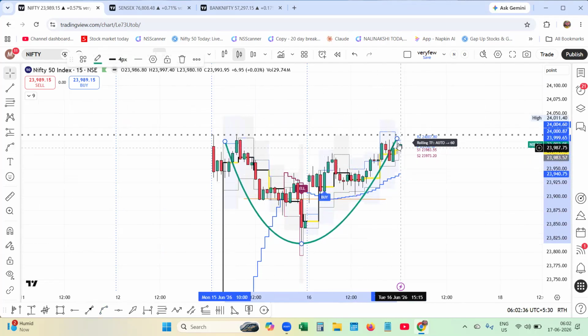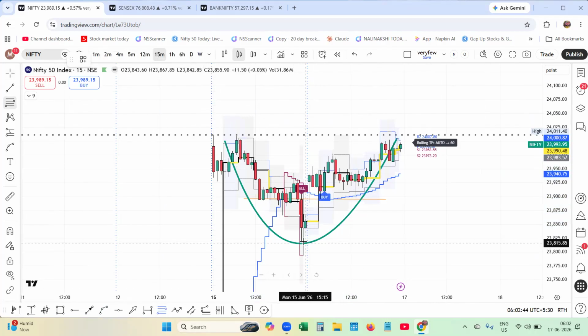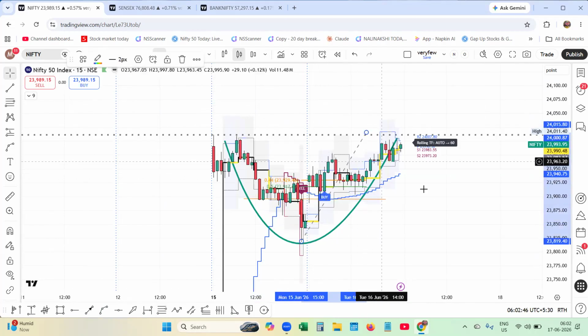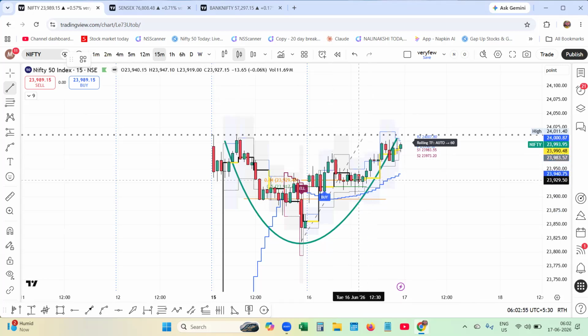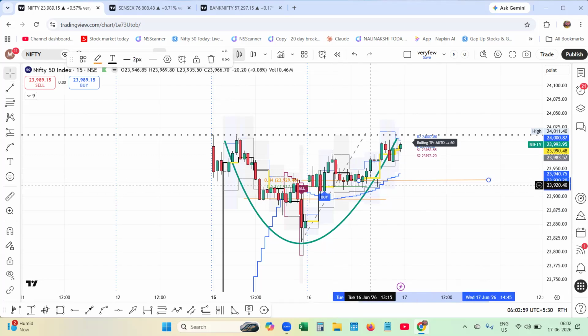So usually this will be the handle, and if I measure this 50 percentage or from this 0.5, the handle comes to here. That is 23,932,900. So this will act as a support.